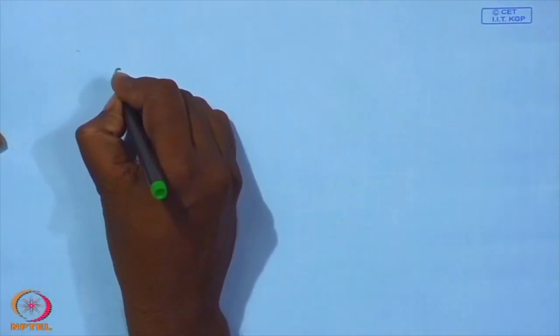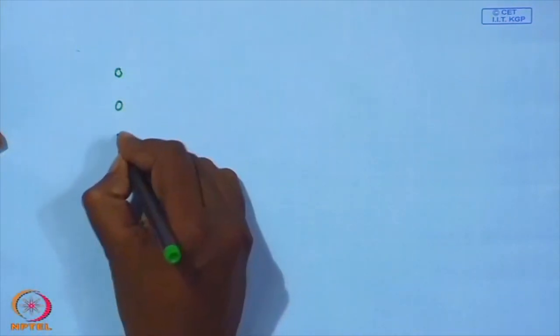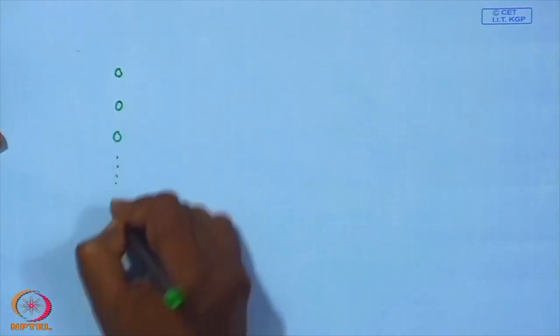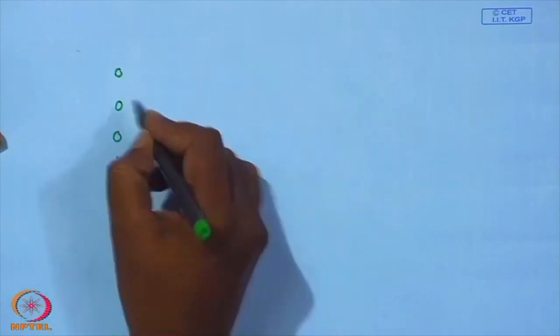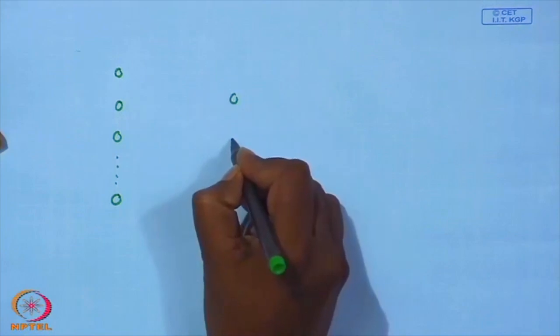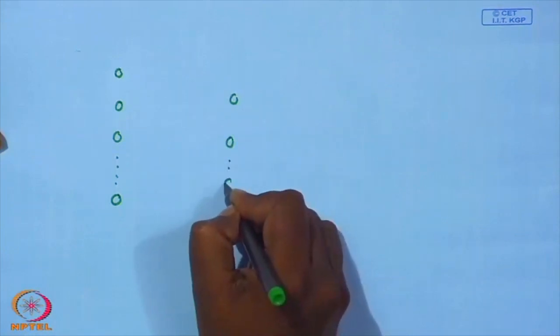So, if I just draw it, the network architecture of the single layer perceptron was something like this. We had an input layer and we had an output layer.